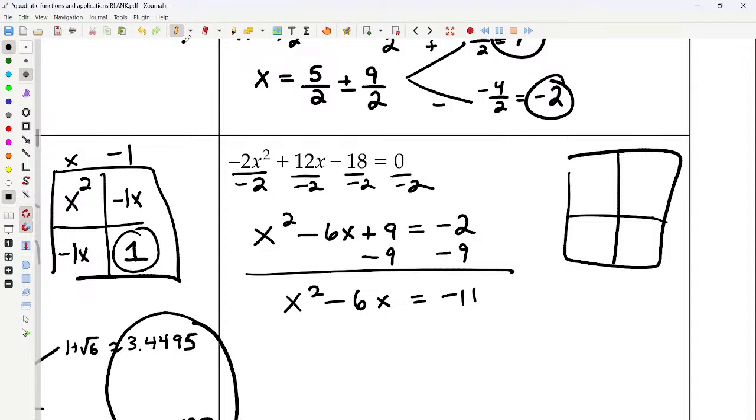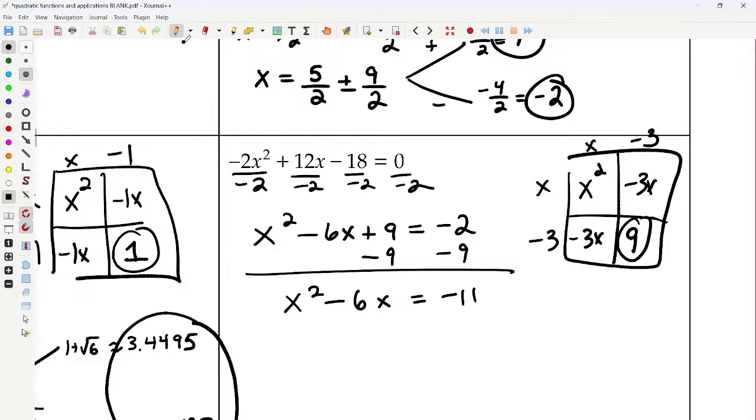Do what's helpful. The picture helps me, and I have a master's degree, so I have no shame in showing it. If you can do it in your head, awesome. That's fine too. X times X, we're going to split the middle. Call this -3, -3. So I'm adding 9 to both sides.